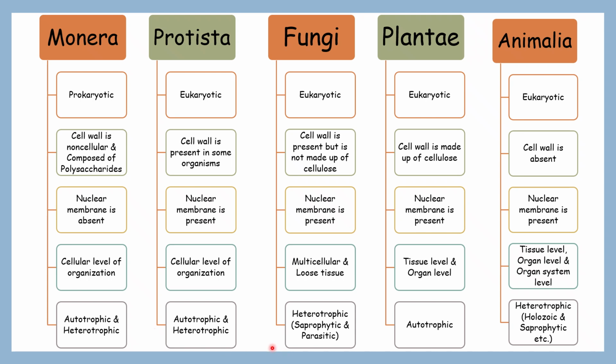Kingdom Fungi exhibits heterotrophic nutrition, which includes saprophytic and, in a few of them, parasitic. In Kingdom Plantae, the majority of organisms exhibit autotrophic nutrition. And in Kingdom Animalia, the majority exhibit heterotrophic mode, which includes holozoic or saprophytic type of nutrition.